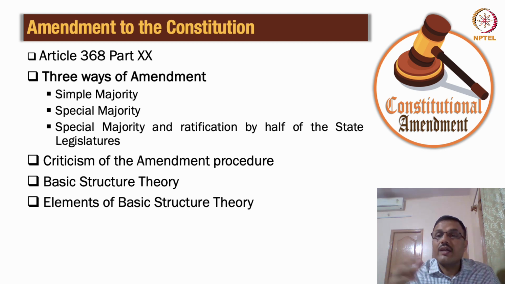Raj Narain said that Indira Gandhi had not won fairly in her elections. In that case, the Supreme Court invalidates an amendment to the constitution called the 39th amendment to the constitution, because in this 39th amendment to the constitution, look what the parliament did.